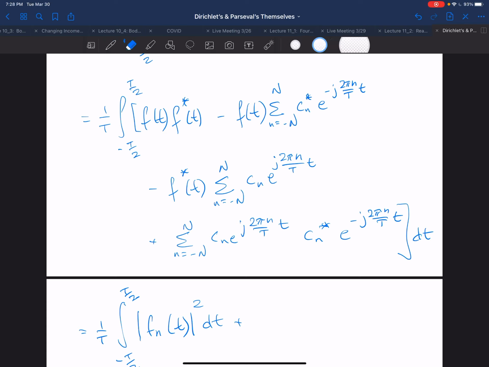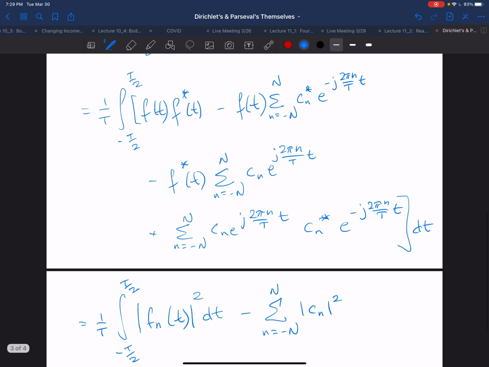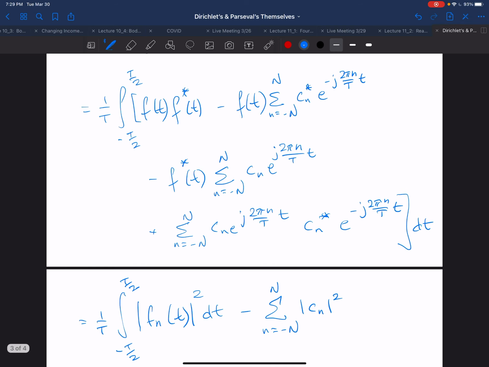Then this next term will just give us the sum from n equals minus N to N of the modulus of c of n squared. And by the same token, the next term is going to give rise to the same thing.